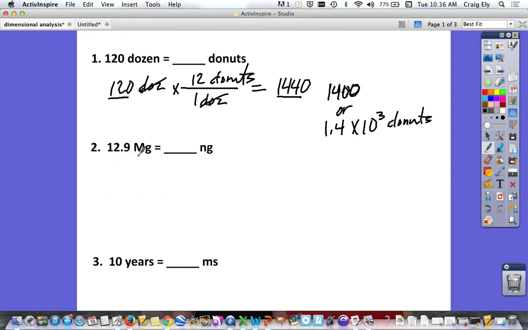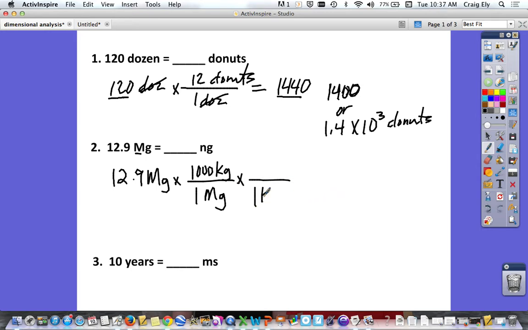I've got 12.9 megagrams. Remember, this capital M is for mega, and I want to change that into nanograms. So let's set this up, 12.9 megagrams, okay? And again, we're just showing how different units are equal to each other. And so in 1 megagram, there are 1,000 kilograms. And then we're just going to keep going down the line here.